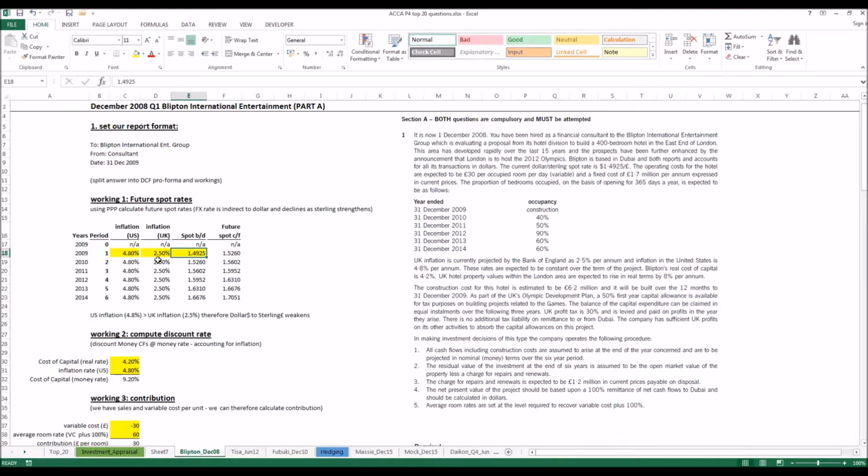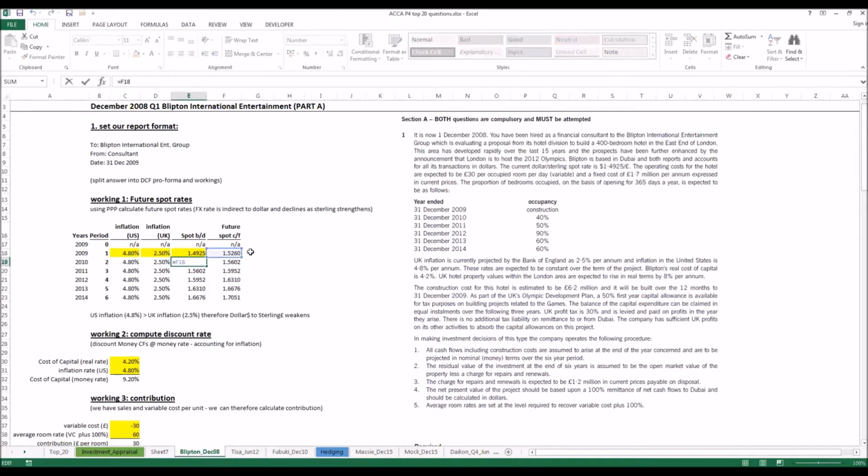We need to adjust this to get the future spot rate, and we adjust it by taking into consideration the US inflation rate and UK inflation rate. Because US inflation rate is higher than UK inflation rate, it will act as a multiplier. And what it will do is it will further devalue the US dollar to the sterling. So year on year, 1.526.